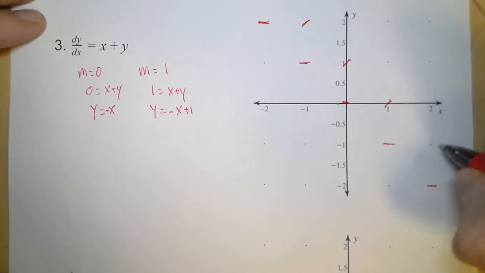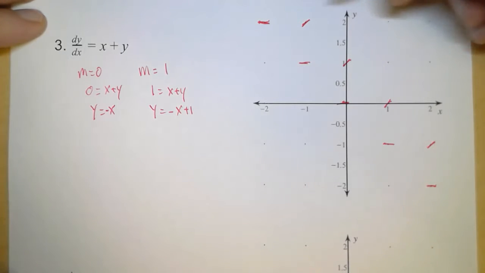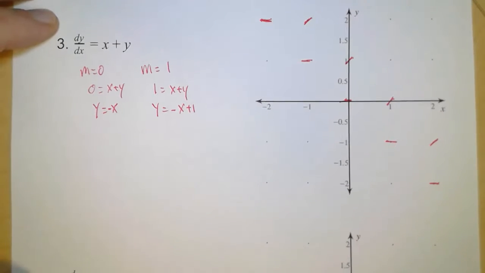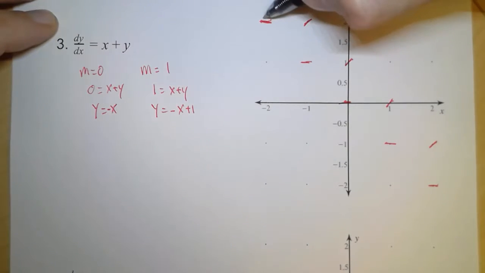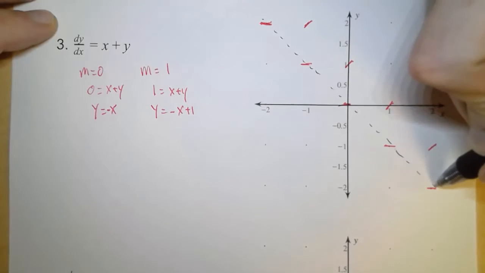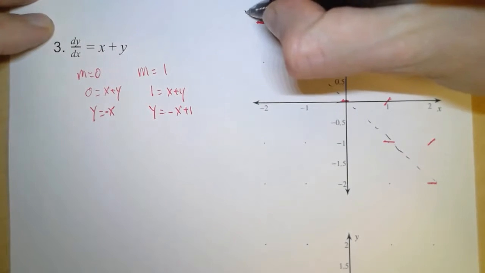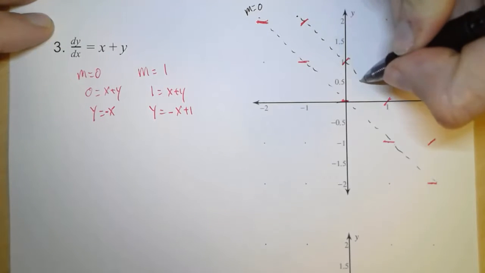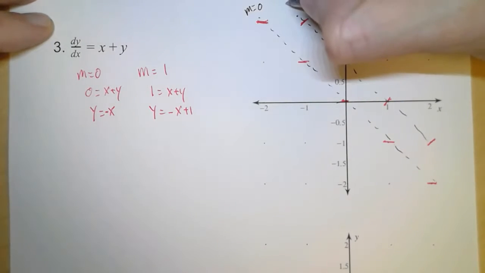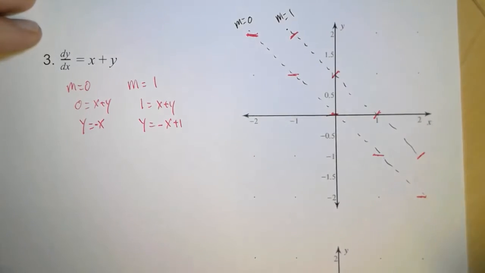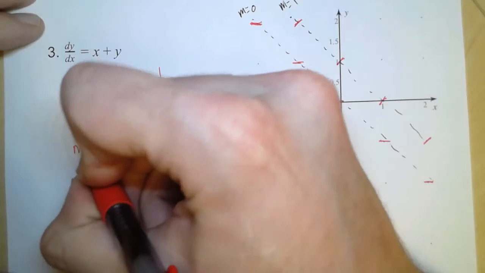All right. Now what I'll do is I'll just draw this little dotted line right here, connecting all of these to say right here the slope equals 0, and right along here the slope equals 1. Now what about if we said the slope equals -1?